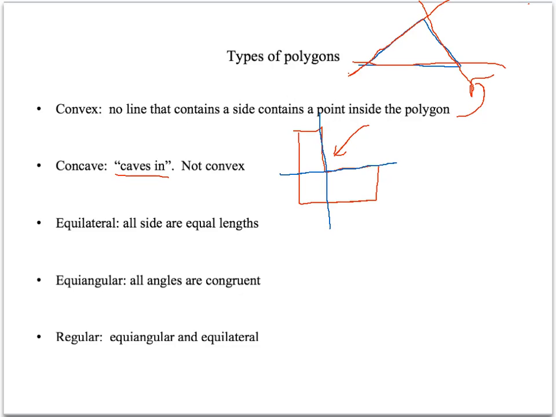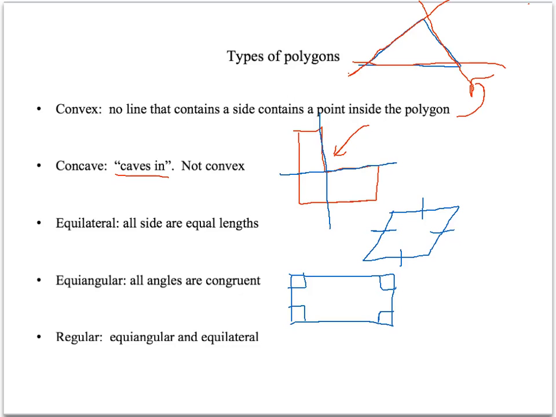An equilateral polygon has all sides equal. So a rhombus is an equilateral polygon because all the sides are equal. An equiangular polygon, an example might be a rectangle because all of the angles are 90 degrees, but all the sides aren't equal.